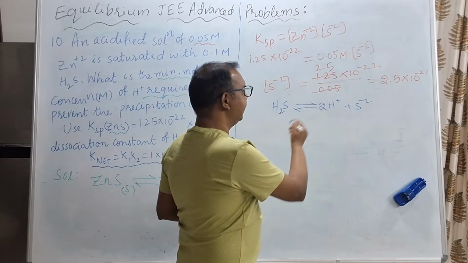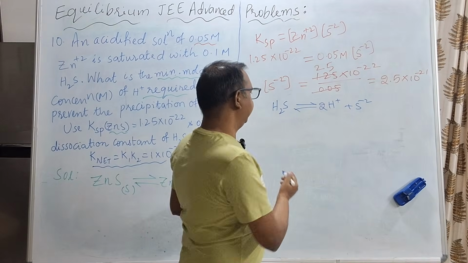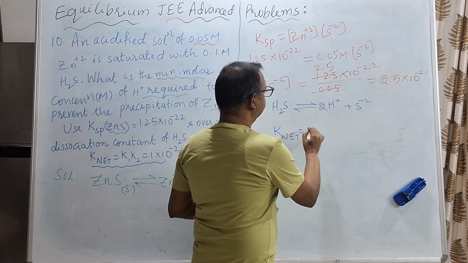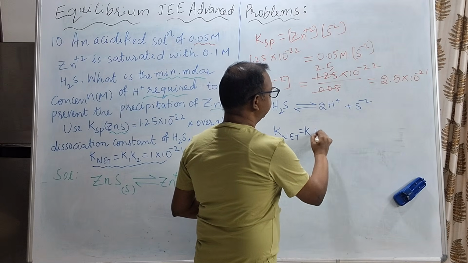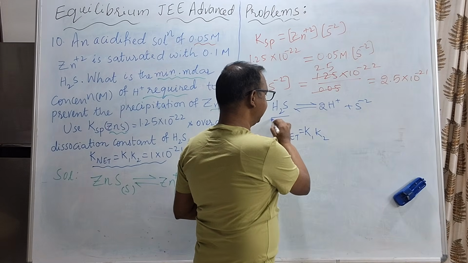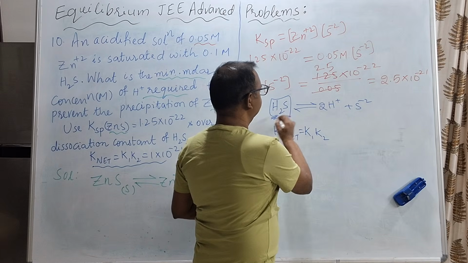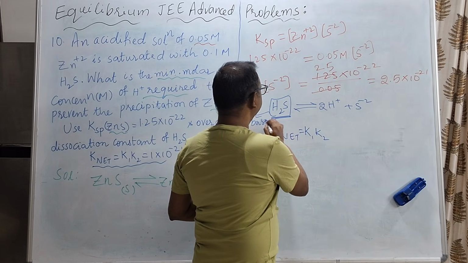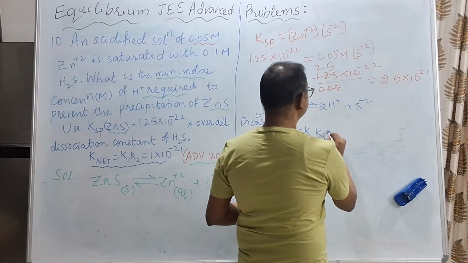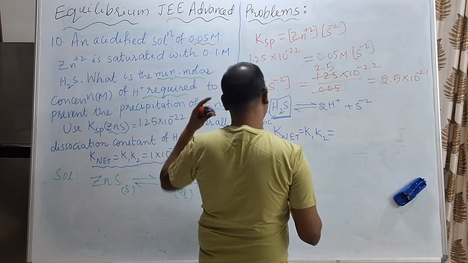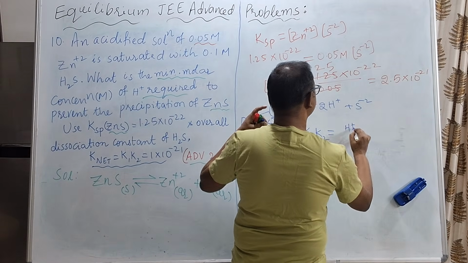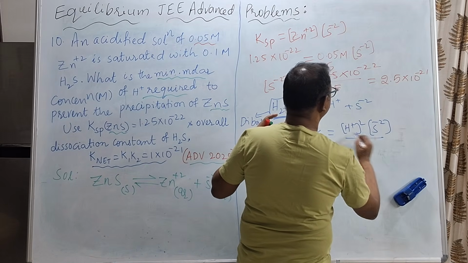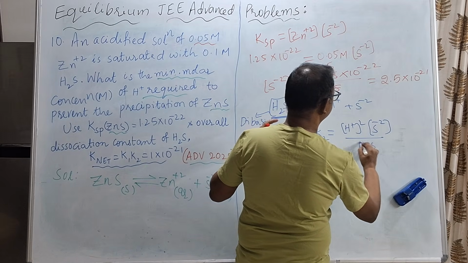It can be written as K net is equal to K1 into K2, because it is a dibasic acid. That is given as H+ whole square into S2- divided by the concentration of H2S.